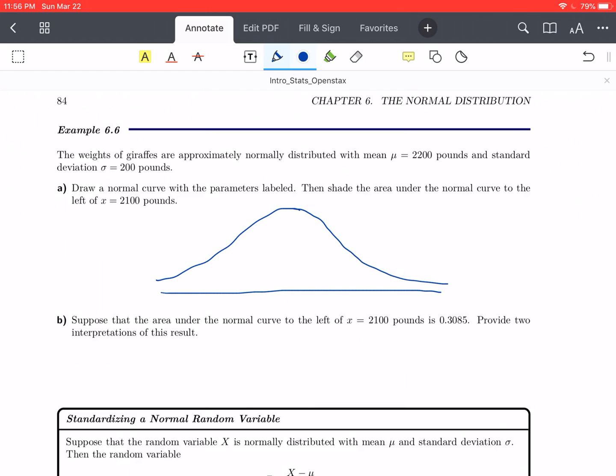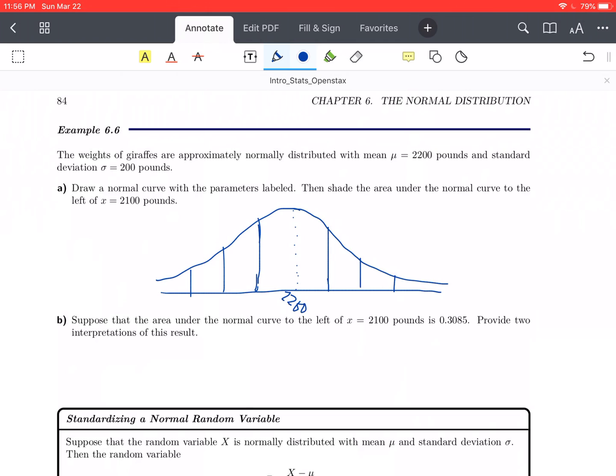Okay, so our mean is going to be right there in the middle. We're going to go out 1, 2, 3 standard deviations on either side. The mean value, right here in the middle, is 2,200.